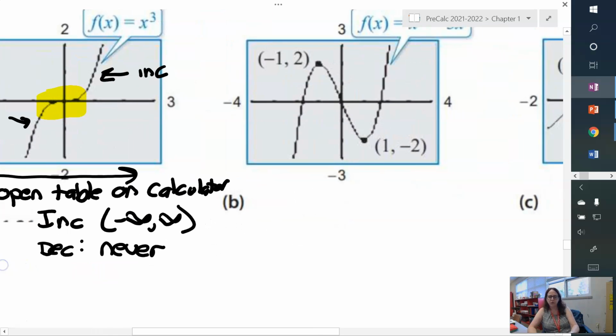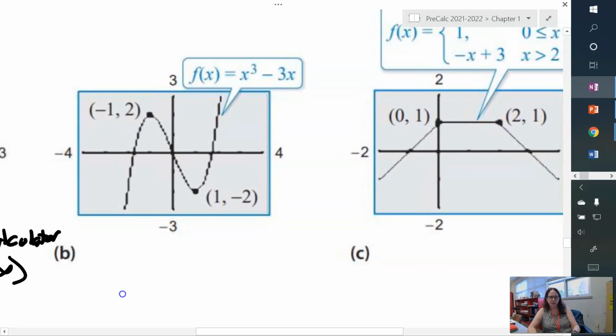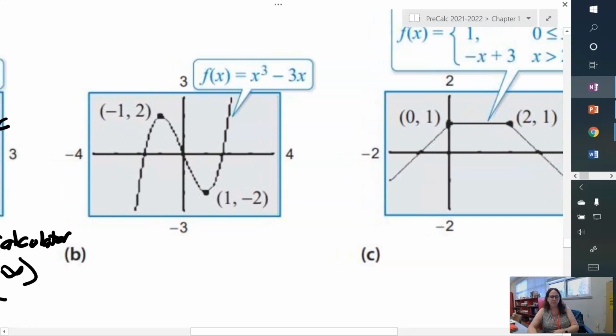As opposed to the example here, example B, this graph is a cubic graph. And what happens in a cubic is you get this little S shape. It goes up, and then it's going to turn around and go down, then it's going to go back up. And that's anytime you have a cubic. So this graph is x to the third minus 3x, and you put that on your calculator, you will see this.